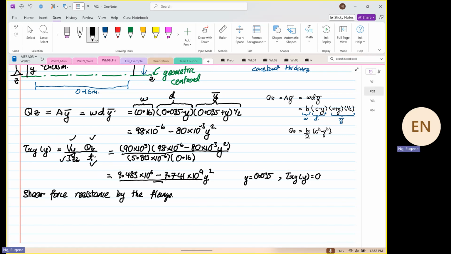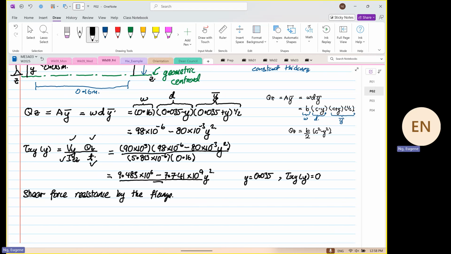No. The problem is math. Why? When we calculate axial load, this is P, and the stress on this is equal to P over A. We make an assumption.